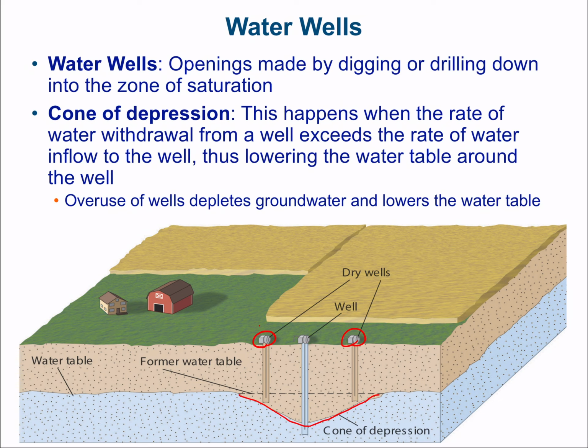What happened here is the rate of water withdrawal from a well exceeds the rate of water inflow. So your water table actually gets lowered. We see that when we overuse wells, when we deplete groundwater, we're going to have the lowering of the water table. So the only well in this picture that would pump water would be this one right here that I've put a check mark.